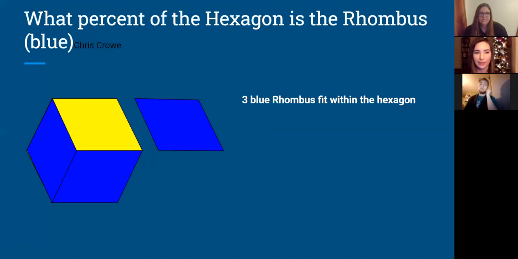So following the same method that Danielle has displayed, we take those 3 rhombuses and divide 100 by 3, which equals the 33.333333% that they represent. That will work for any of the shapes, like the tan rhombus and the square, when finding their percents compared to the hexagon, which represents our whole.